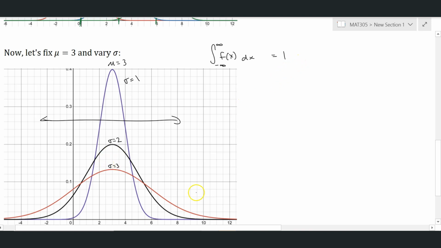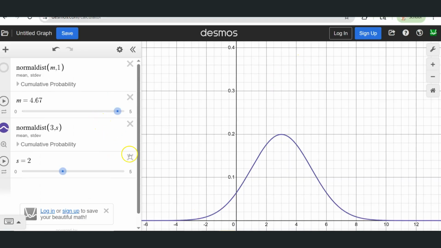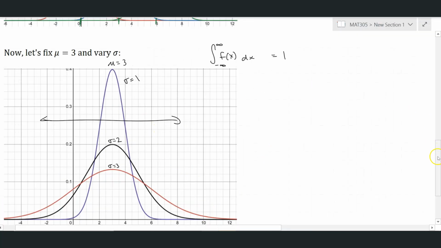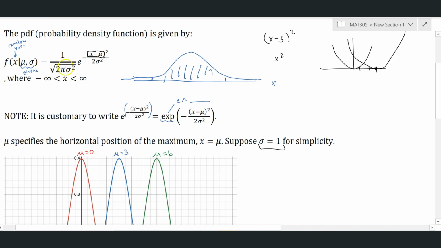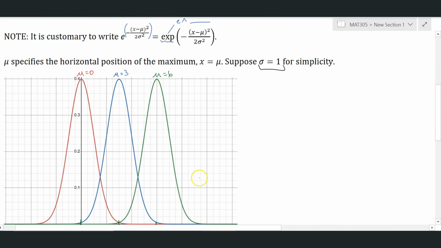To see why this happens is a little bit more complicated, but because sigma appears in multiple locations, as sigma gets bigger, this coefficient gets smaller, so that's going to be a smaller vertical stretch. And then because here we are dividing by it, it'll also give us a slower decay in the curve to the right of the peak and the curve to the left of the peak.